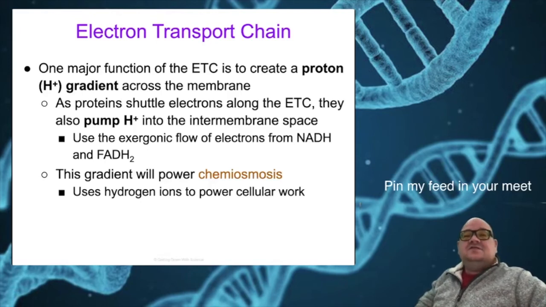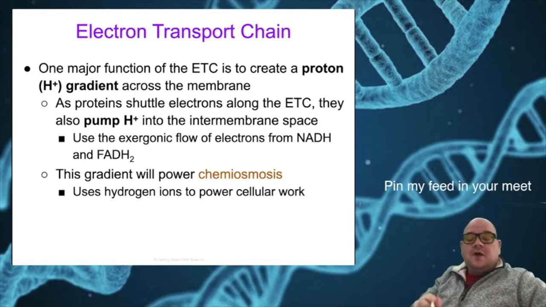Okay, so already talked about this. The most important function of the electron transport chain is to make that proton gradient. It's to concentrate protons on the inside or outside of that matrix. Where's it concentrating them?